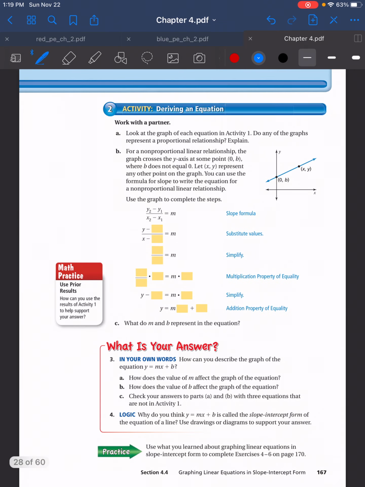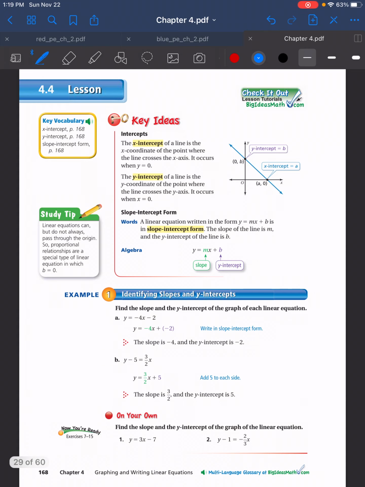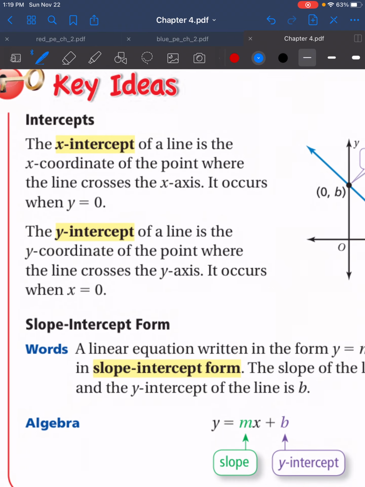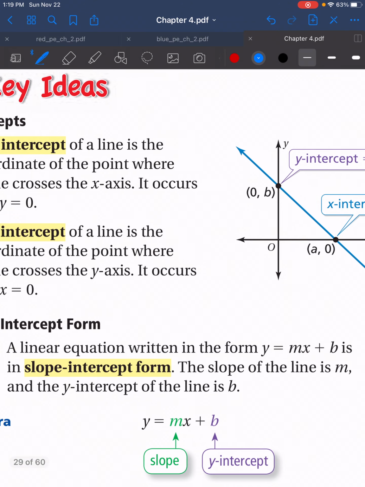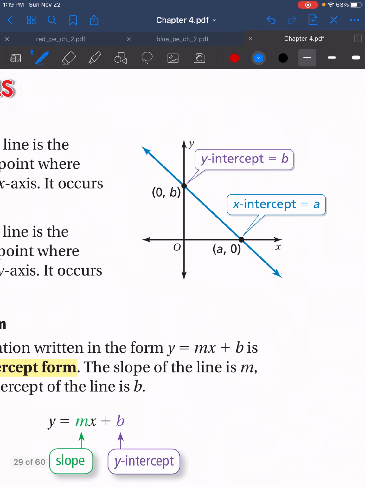Turn the page. Turn the page to 168. Alright, so in this chapter, we're talking about y-intercepts and x-intercepts. Now, a line, if it's going through the y-intercept, shouldn't it also go through the x-intercept?